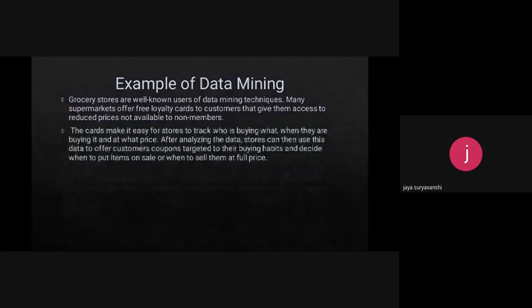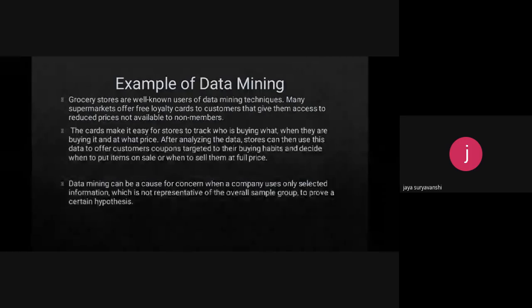The cards make it easy to track who is buying what, when they are buying it, and at what price. After analyzing the data, stores can then use this data to offer customers coupons targeted to their buying habits, and decide when to put items on sale or when to sell them at full price.